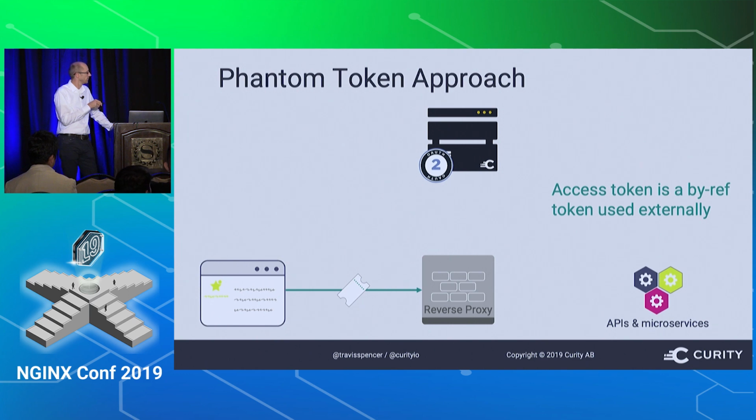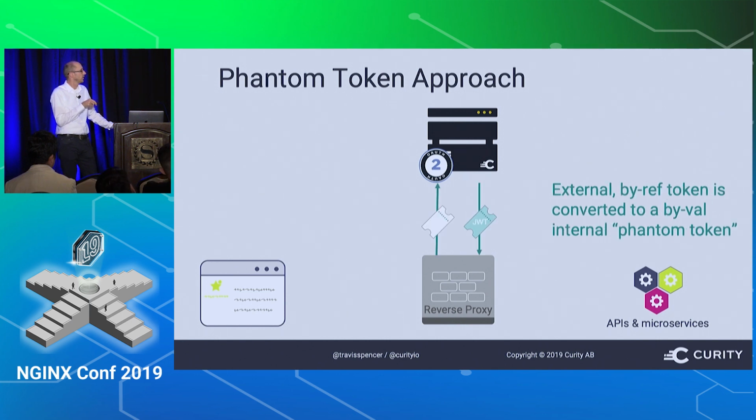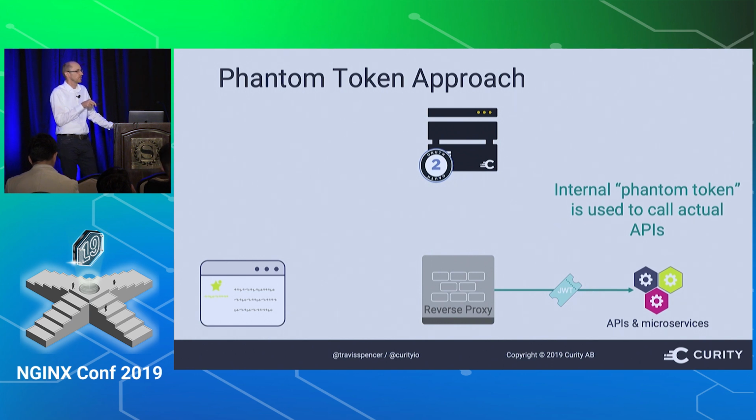So what can happen is, as this opaque GUID, this reference token, is flowing through here, we can take advantage of the ingress position of the reverse proxy to switch that GUID over for the by-value access token, and then forward that to the backend microservice.